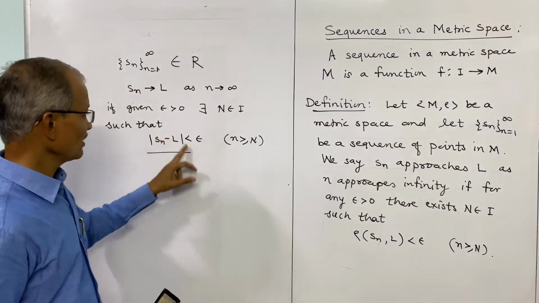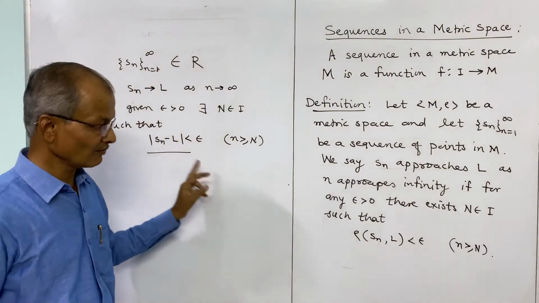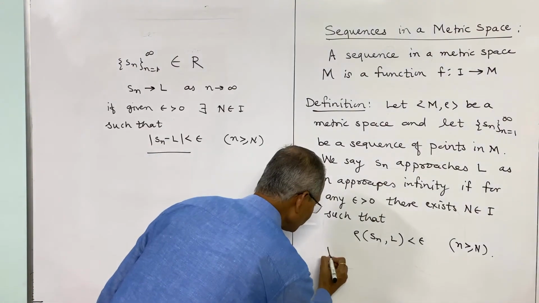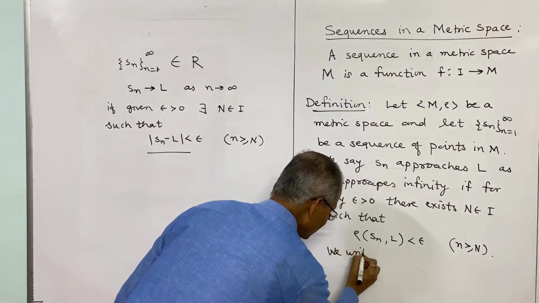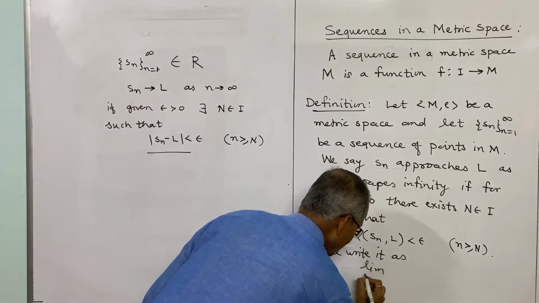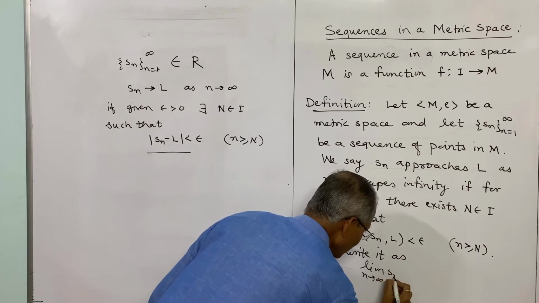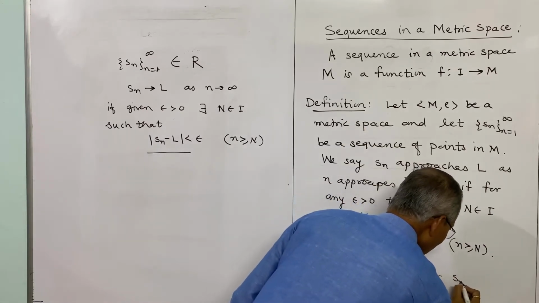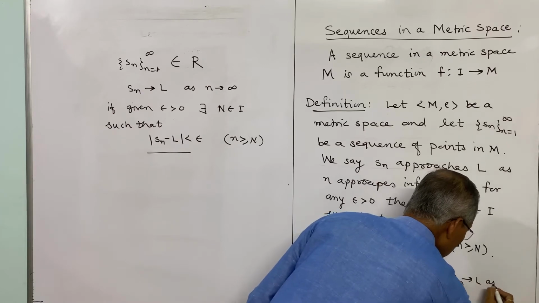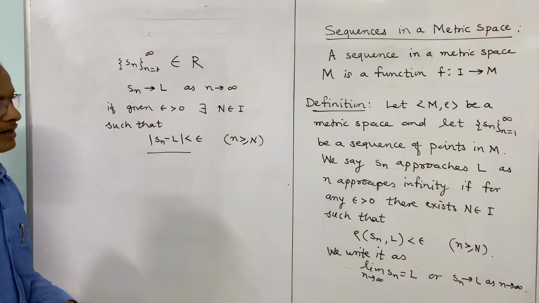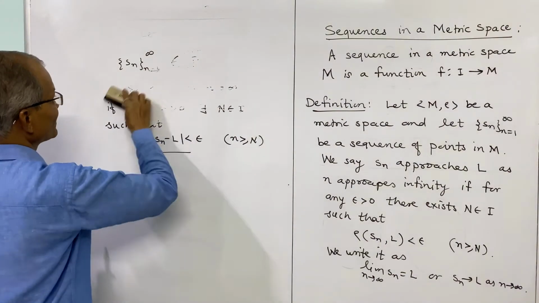And we write this as limit n tends to infinity of Sn is equal to L, or Sn tends to L as n tends to infinity. So this is the definition of the limit of a sequence.